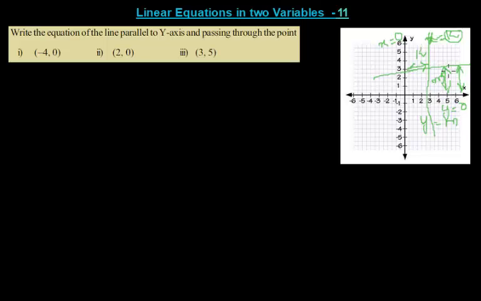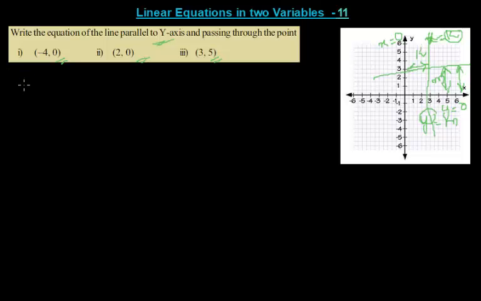The distance from x-axis is nothing but the y-coordinate and the distance from y-axis is nothing but the x-coordinate. So, understanding this concept will help us write the equations of lines which are parallel to y-axis and passing through these 3 points. Now, let us take the first point.